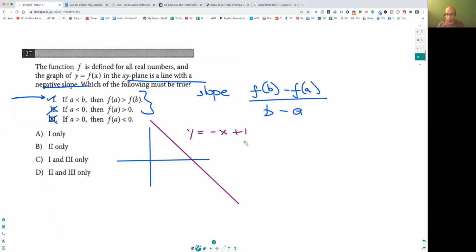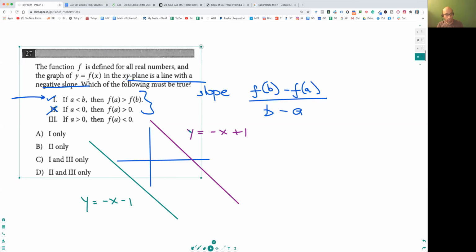And draw another line, another example of a line, which is y equals negative x minus 1. Now try to find what happens in this kind of line. The easy parts are these two, where you can easily cross them out.